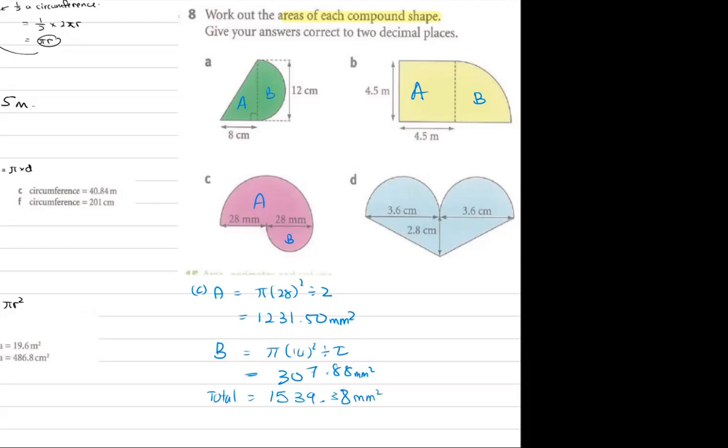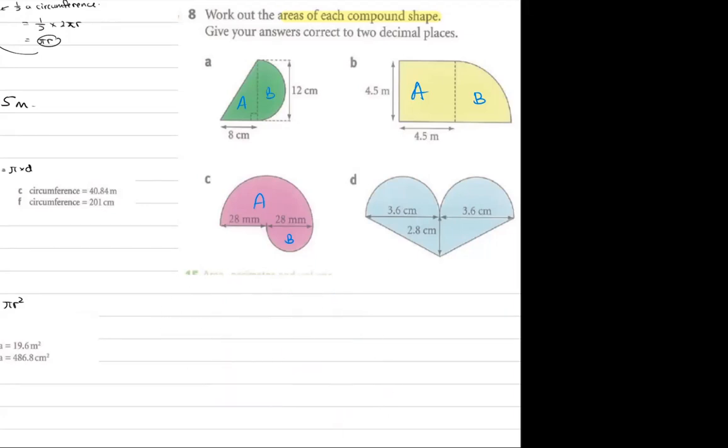And the last one. Last one here, I'm going to join these two shapes as A because two semicircles make one circle. And I can also join these two triangles into a rectangle. So this is area B, area A. Area A is just pi r squared.